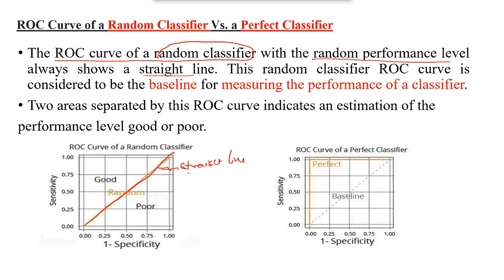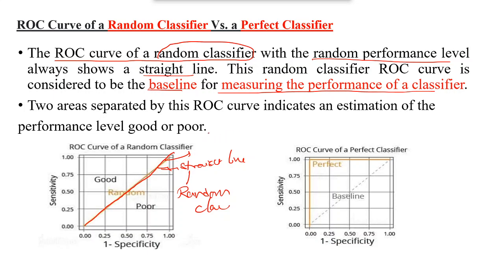This straight line is nothing but the random classifier. This random classifier is considered as the baseline for measuring the performance of the classifier.